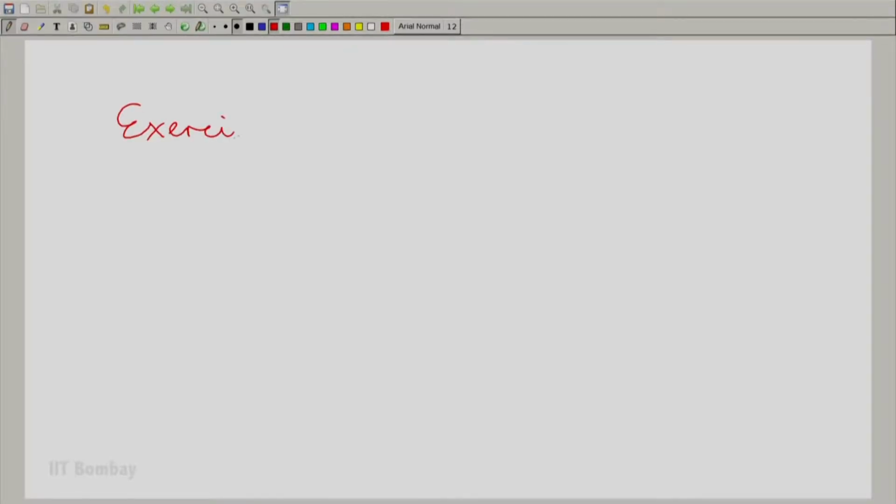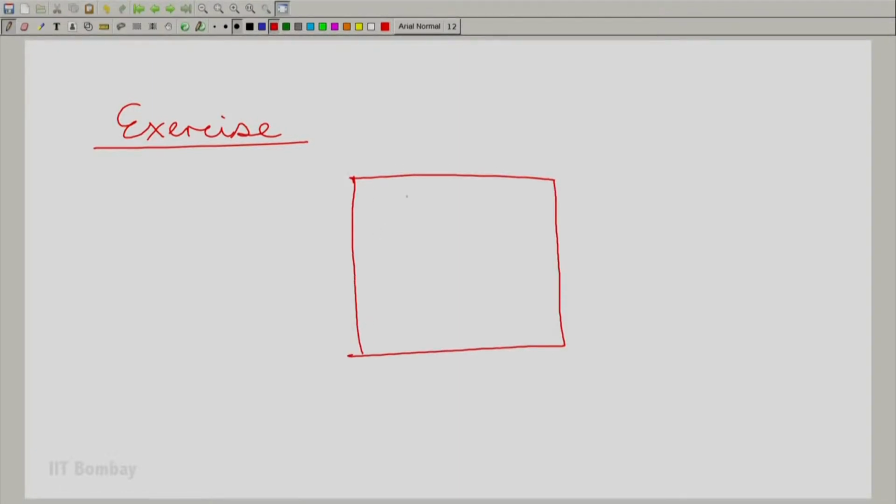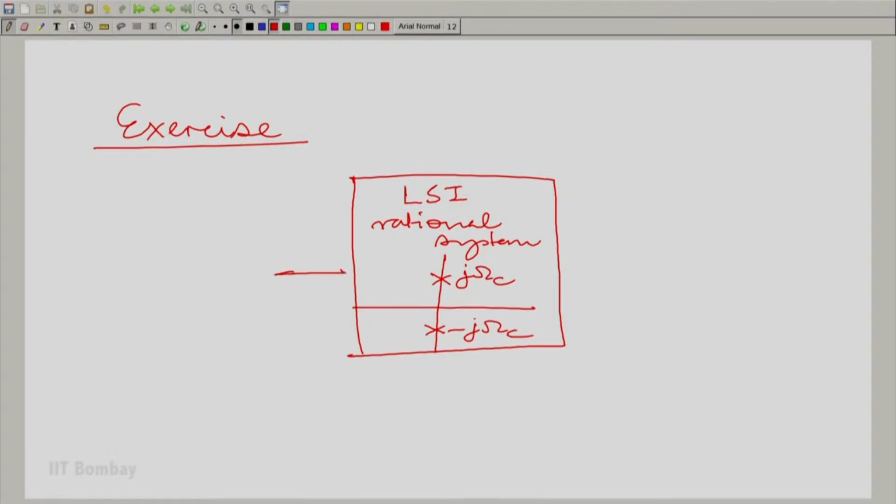So, in fact, I give you an exercise now. Take a linear shift invariant system, rational system if you please, with such a pole pair, and give to it the input x of t equal to cos omega c t, which is of course bounded.